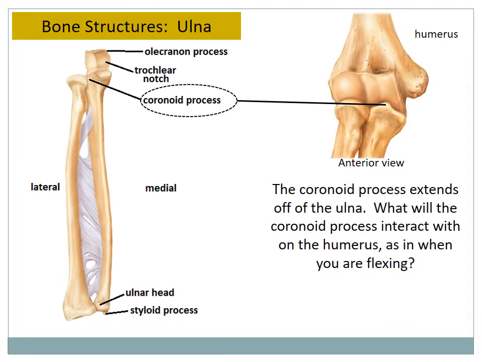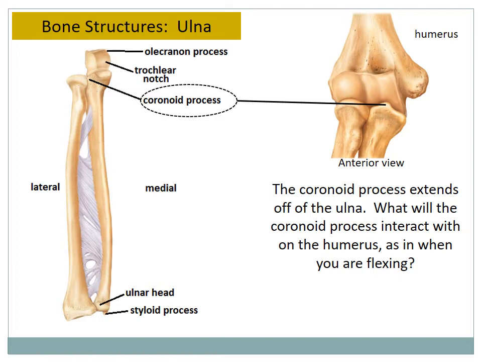We also have a coronoid process on the ulna. We can see that the coronoid process extends off the ulna. The coronoid process is going to interact with the humerus, especially when you're flexing. So what part of the humerus are we actually going to be interacting with? Yeah, it's the coronoid fossa, right?